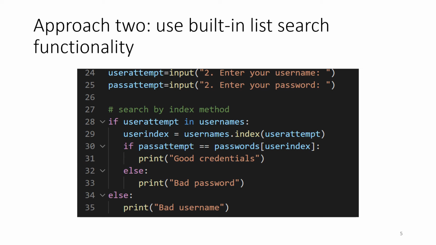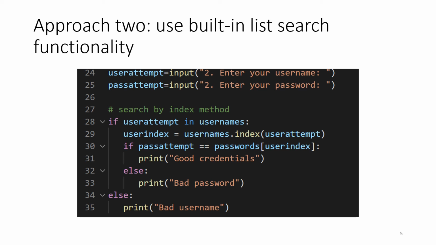So in 28, we ask if the attempted username is in our list of usernames. And if it is, we move inside the if to line 29. Now, because we're working with our parallel lists, we will need to know the index of the matched username so that we can then correspondingly check the right password.